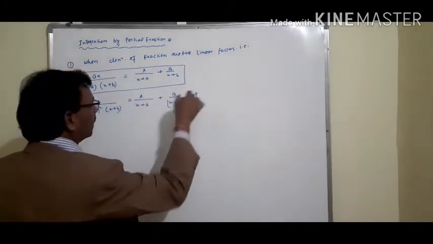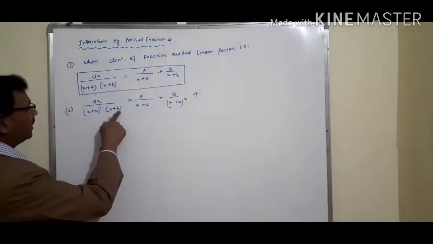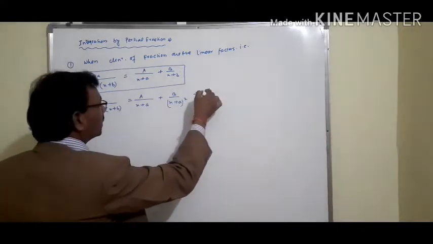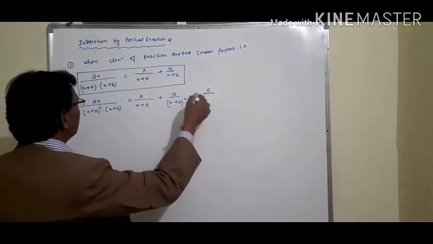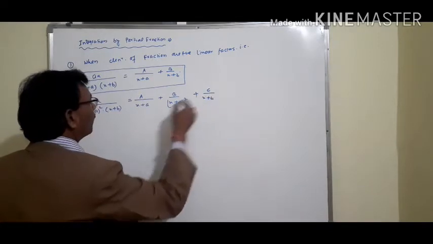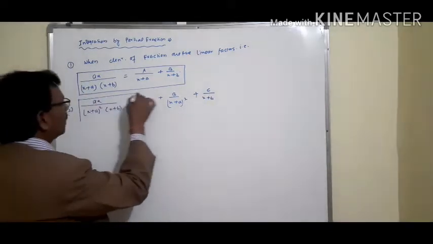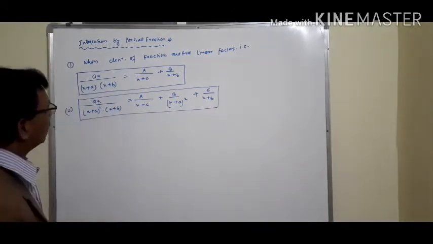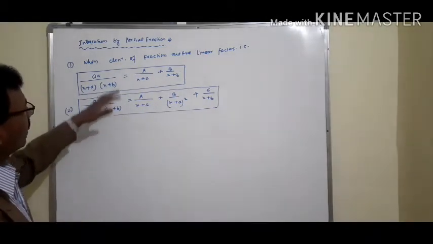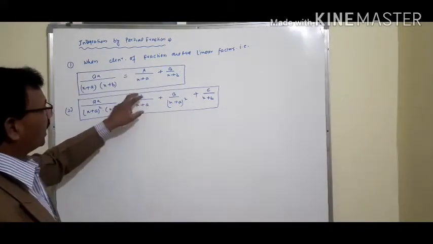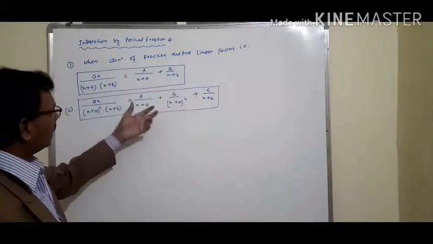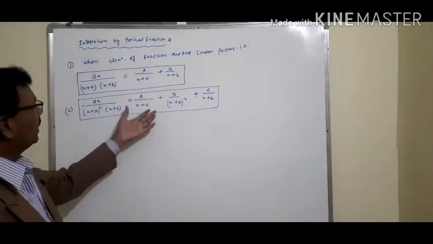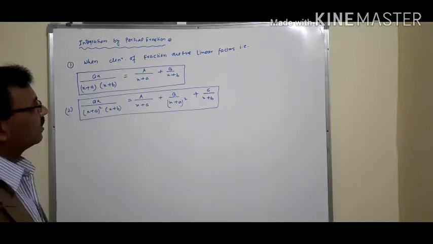Again write plus, and this factor is separate, so we use C as a constant upon x plus b. This is the second type of partial fraction. In both we should calculate the values of A, B or A, B, C and put them in place of A, B or A, B, C. Then this will be the partial fraction of the left side.